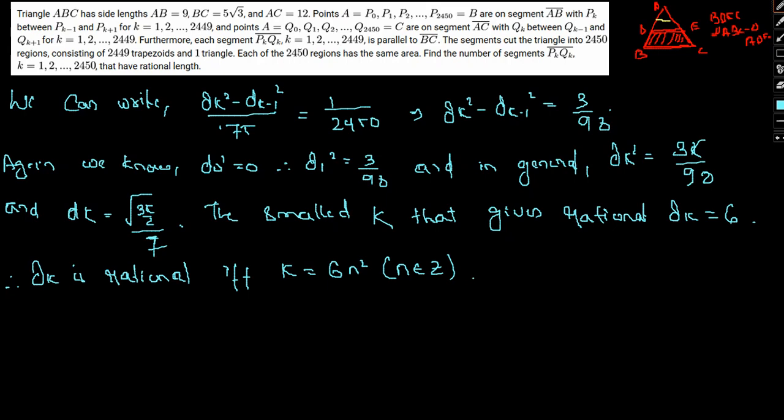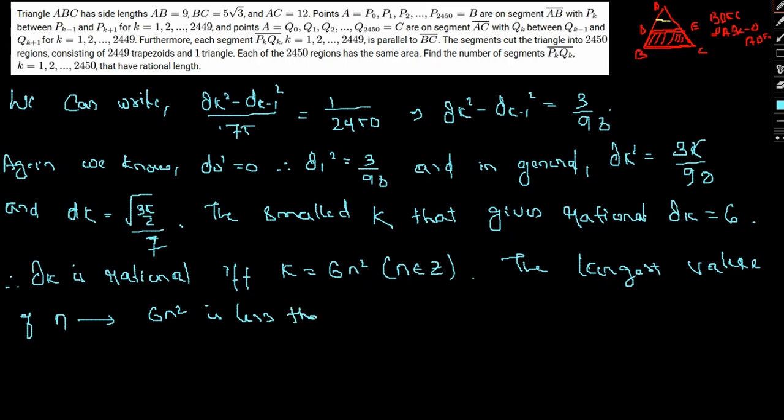And now the largest value of n such that 6n square is less than 2450 is 20, because 20 squared times 6 is 2400, which is less than 2450.